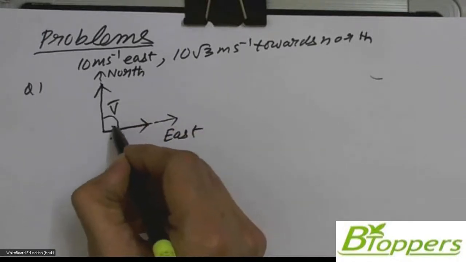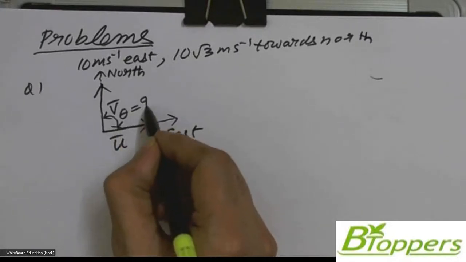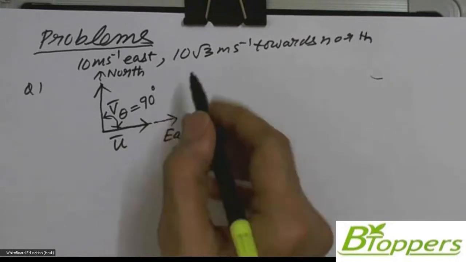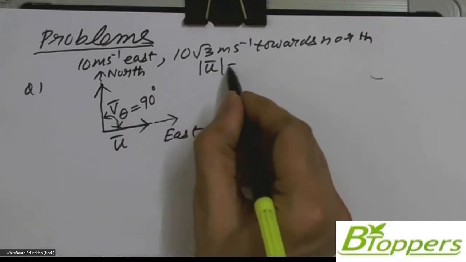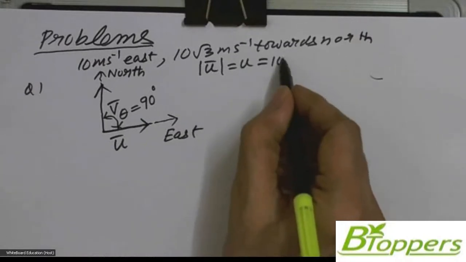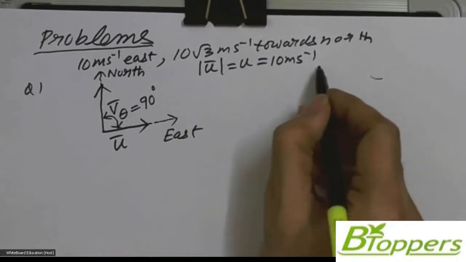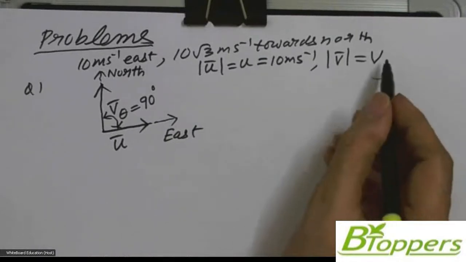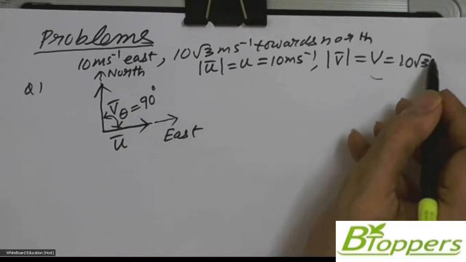So the angle theta between the vectors v bar and u bar, in this case, is 90 degrees. The magnitude of the initial velocity vector u bar, or u, equals 10 meters per second. The magnitude of the final velocity vector v bar, which we write as v, equals 10 root 3 meters per second.